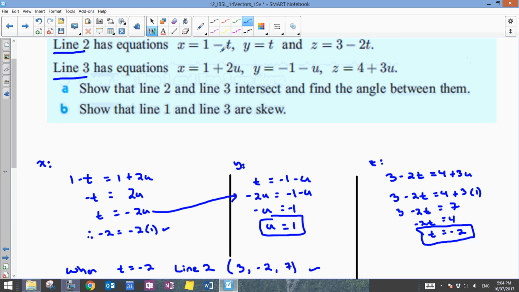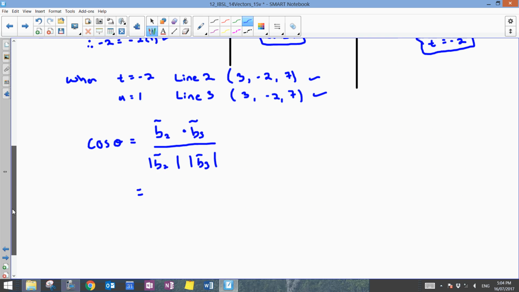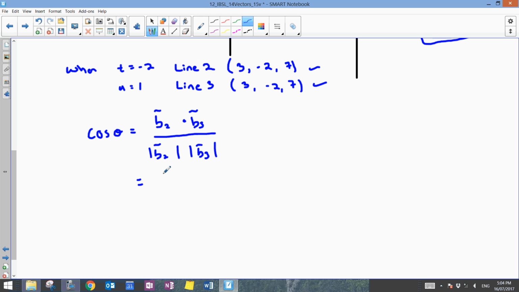So we're using the negative 1, the 1, and the negative 2 with the 2, the negative 1, and the 3. So what winds up happening here is I'll take negative 1 by 2 plus 1 by negative 1 plus negative 2 by 3.